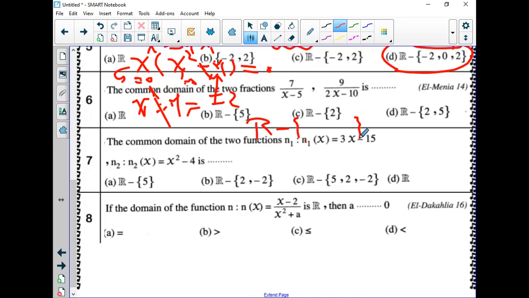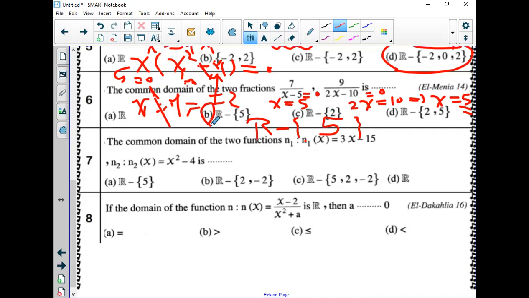Let's put the first denominator equal 0, then x equals 5, and 2x minus 10 equals 0, then 2x equals 10, then x equals 5, also 5. Then R difference, we take only 5, R difference 5. The result is letter B.